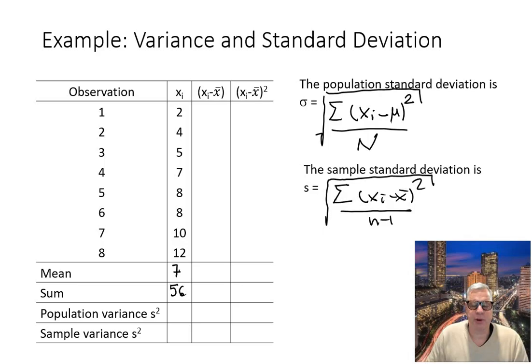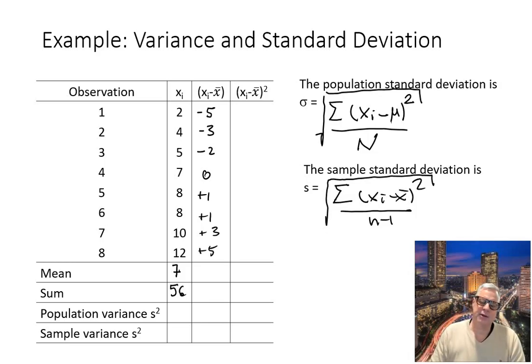So now what is the population variance? We have to subtract the mean from everything. So we subtract the mean of 7 from each observation: 2 minus 7, negative 5; 4 minus 7, negative 3; 5 minus 7, negative 2; 7 minus 7, 0; 8 minus 7, positive 1; 8 minus 7, positive 1; 10 minus 7, positive 3; 12 minus 7, positive 5.